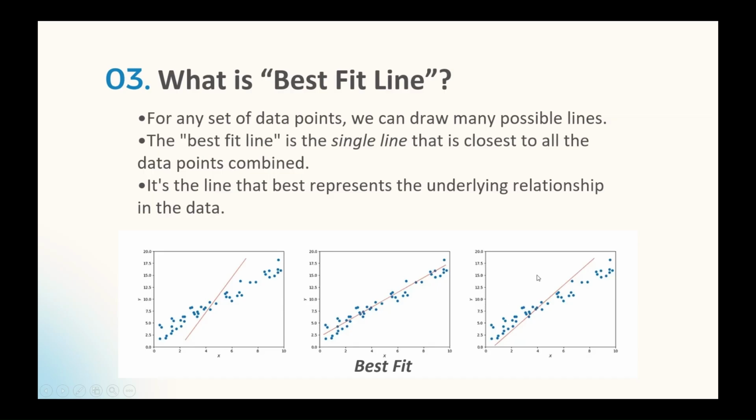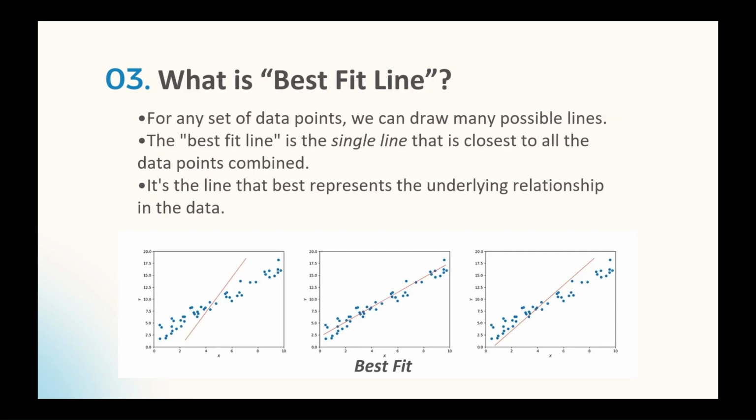The line on the far right is also a bad fit, but the line in the middle looks really good, it seems to be the closest to all the data points combined. The best fit line is a single unique line that best represents the underlying relationship in our data.